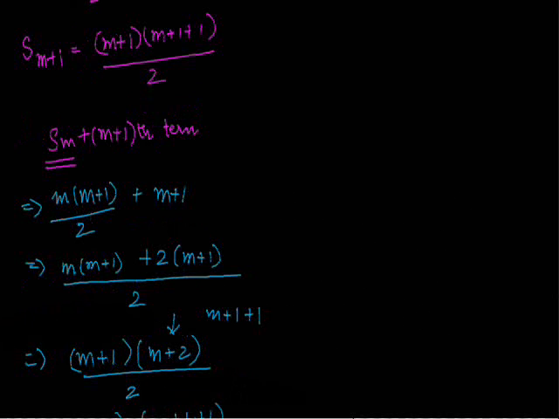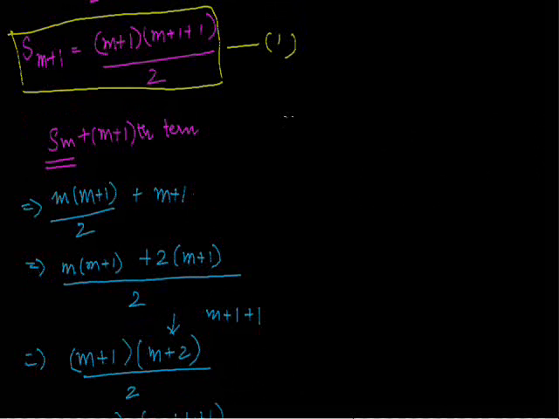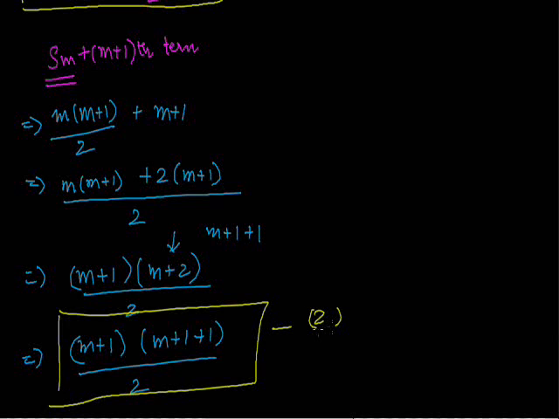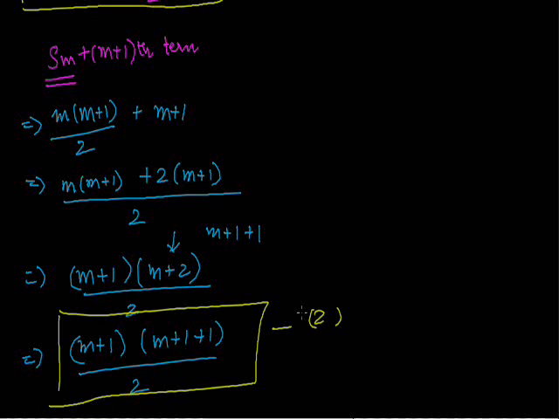So we will compare these two quantities. The first quantity is this one, let's mark it 1. And the second quantity is this one, let's mark it 2. So we can see that 1 and 2 are both equal.